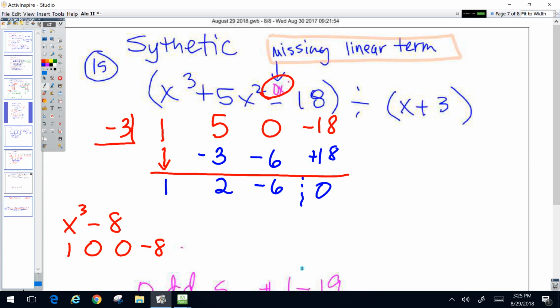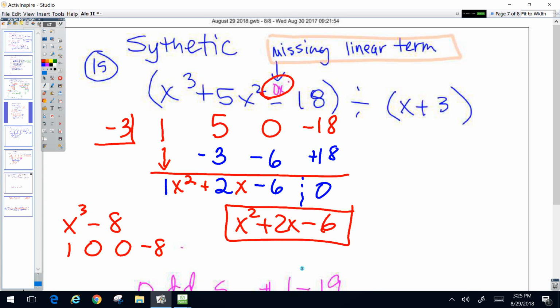It means I can do a lot with it. So this one has no remainder. So now I'll go back in and plug in. This would be an x. This would be an x squared. So my answer is x squared plus 2x minus 6. That is the answer to that division problem. Make sense? Good. All right.